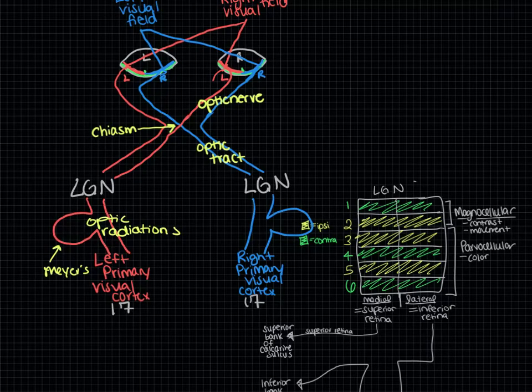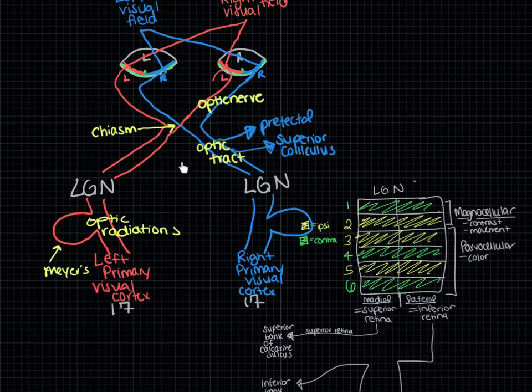So one other thing to take note of is some of the fibers that are traveling with the optic tract will leave the optic tract to synapse at the superior colliculus. And those fibers are going to be the afferent limb of reflexive head and neck movements in response to light.